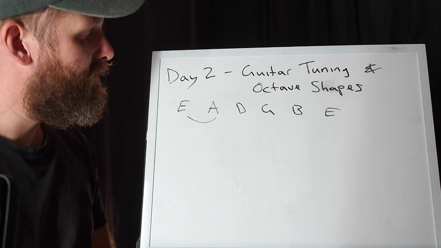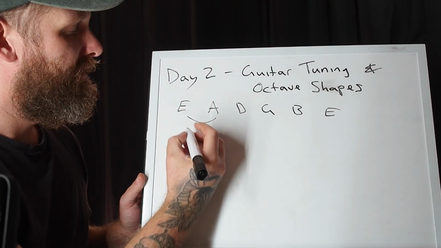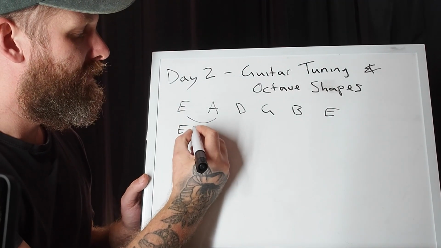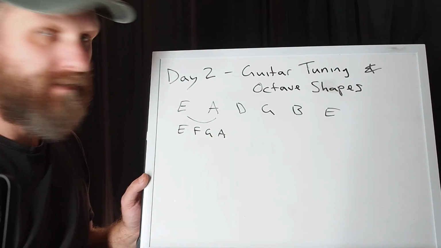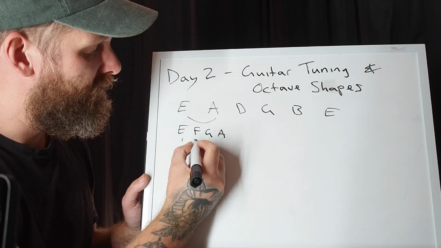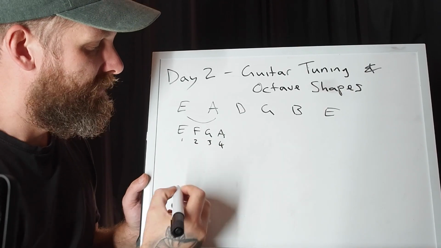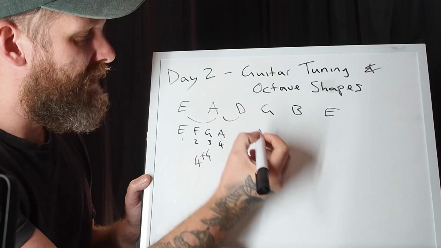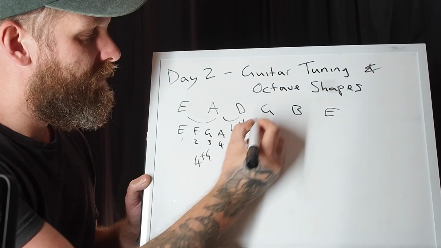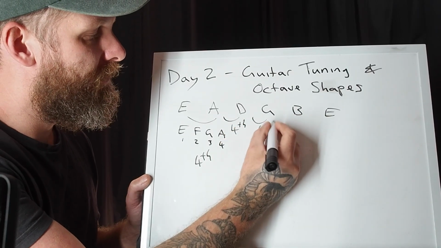So the distance between E and A, so E, F, G, A, 4 notes, 1, 2, 3, 4. So we call that a fourth. And it's the same, A to D, fourth, D to G, fourth.